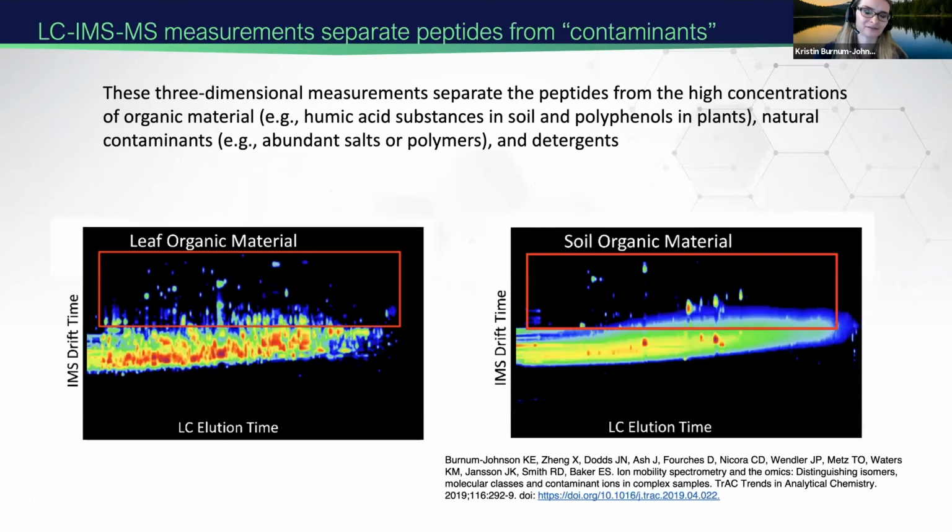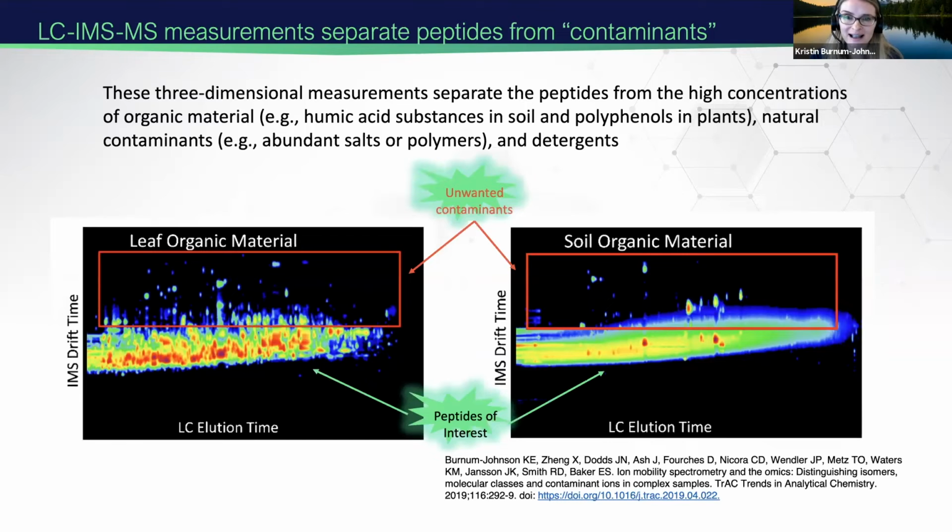Another benefit of liquid chromatography, ion mobility spectrometry, mass spectrometry measurements is that applications of our platform separate peptides of interest from high concentrations of environmental organic materials or just smaller molecules that can interfere with our peptide identification. These usually hurt normal liquid chromatography mass spectrometry measurements.